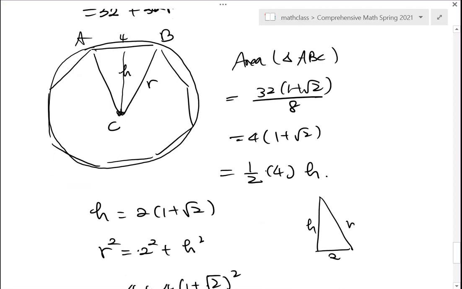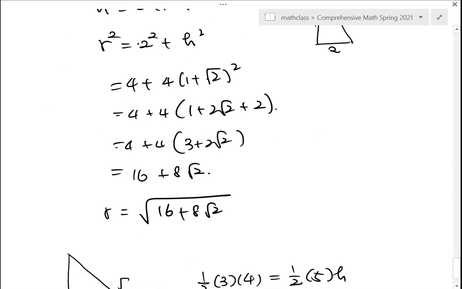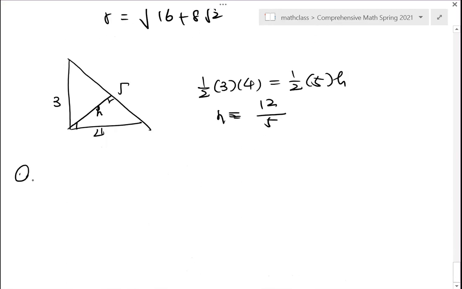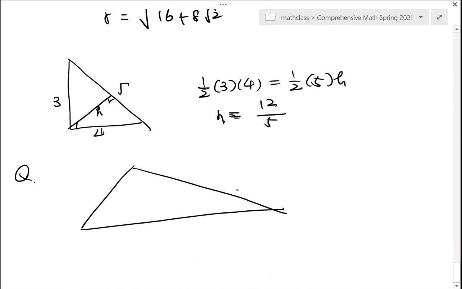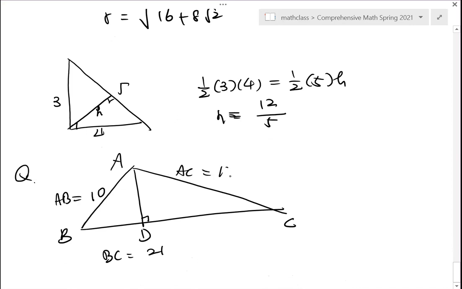All right, let's take a look at another problem. It's about a triangle ABC, and I draw the line AD. What I know is AB is 10, BC is 21, and AC equals 17.